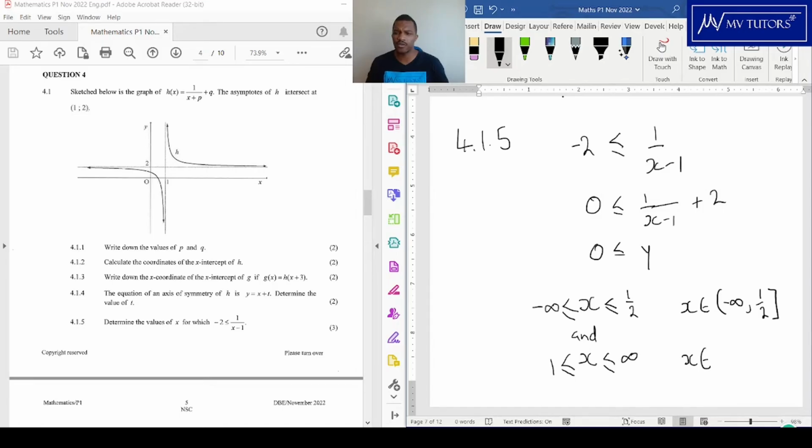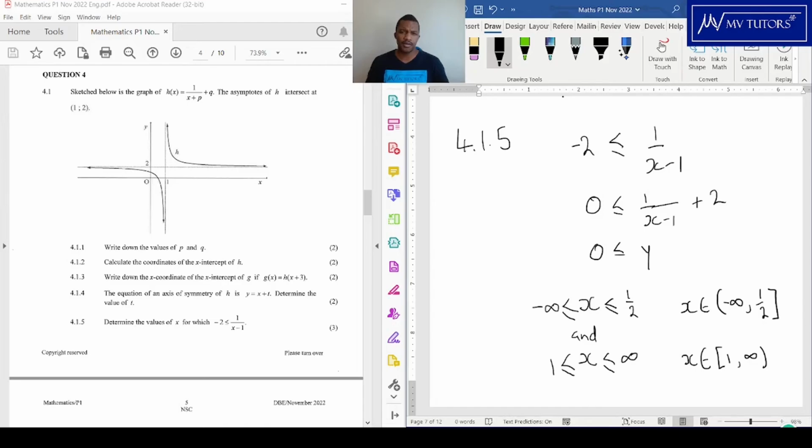So this one would be square bracket 1, that's a number, and positive infinity.